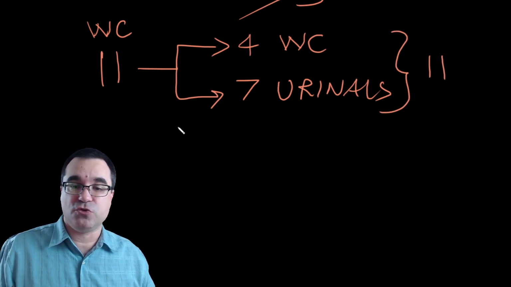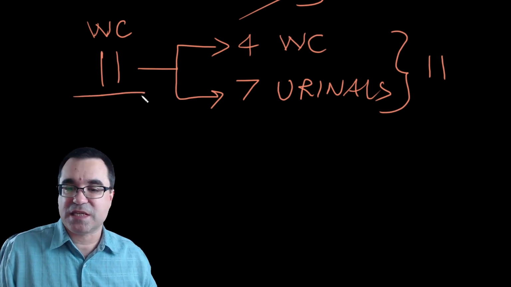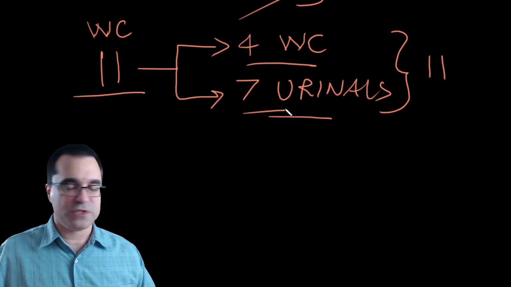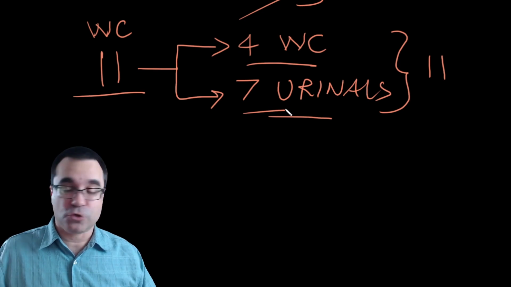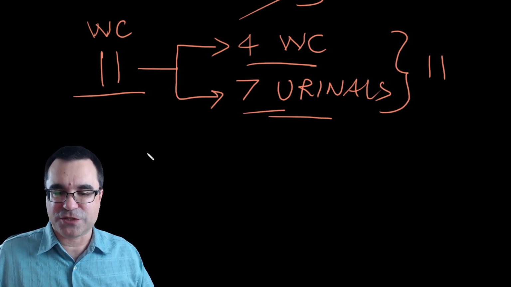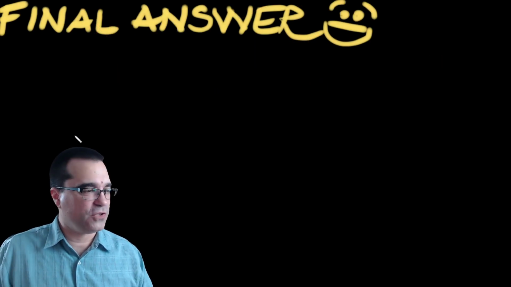The building code says you can replace some of these water closets with urinals. So 4 water closets, 7 urinals in the male bathroom. It turns out we actually finished this question. We can now come up with the final answer. What is the final answer for this question?